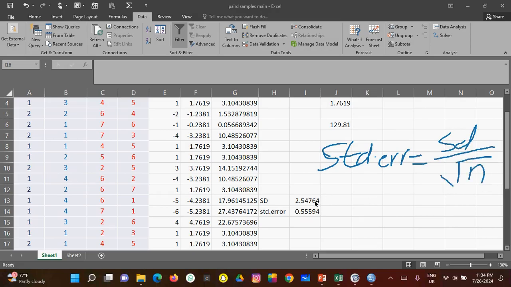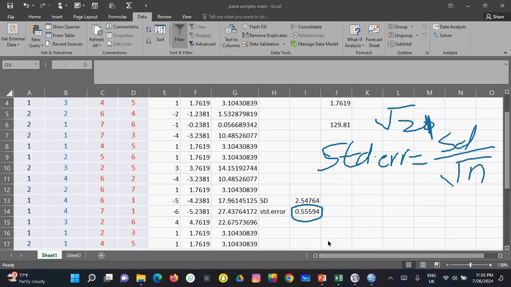So when SD is this, and root of n is equal to root of 21, that's when we get this as our standard error. So now we solve for our mean difference and then get here.